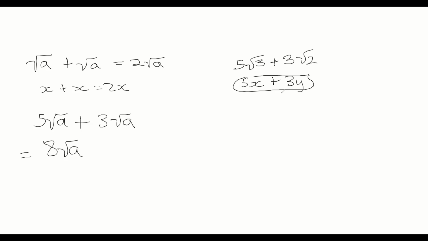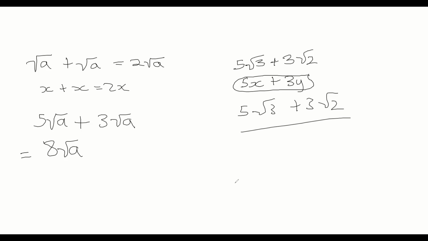We leave our answer the way it is because there is no way we can add them up unless we know the values of x and y. It's quite similar with this type of surd problem. So let's say 5 root 3 plus 3 root 2. We leave our answer like that because we cannot work it further.